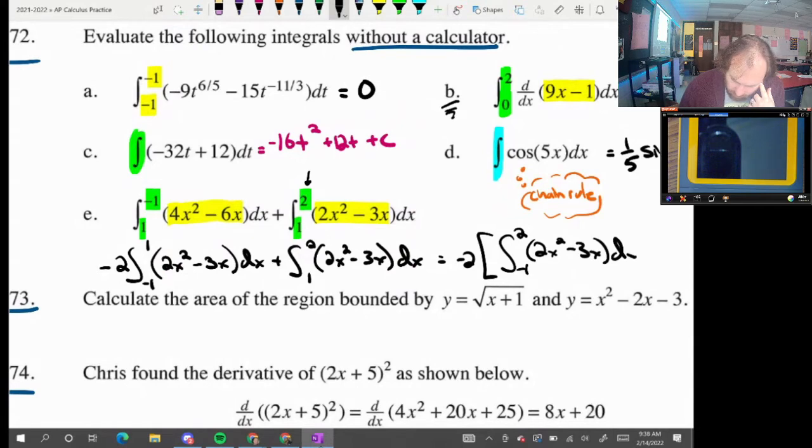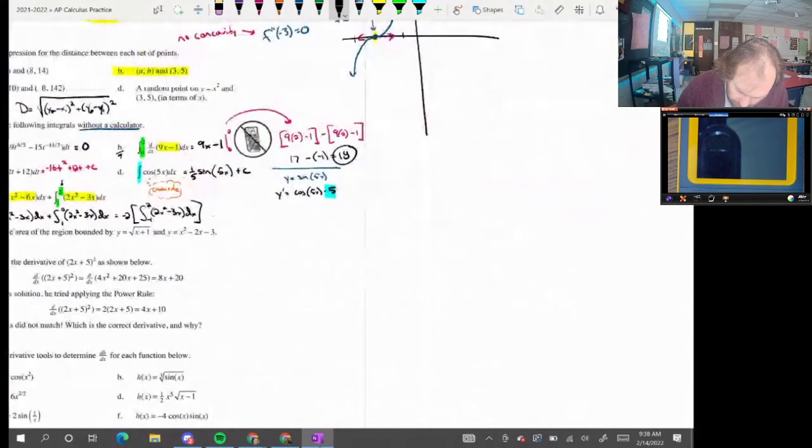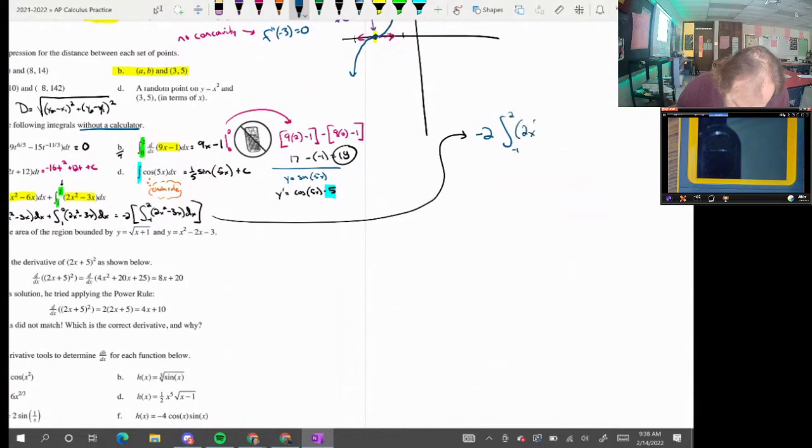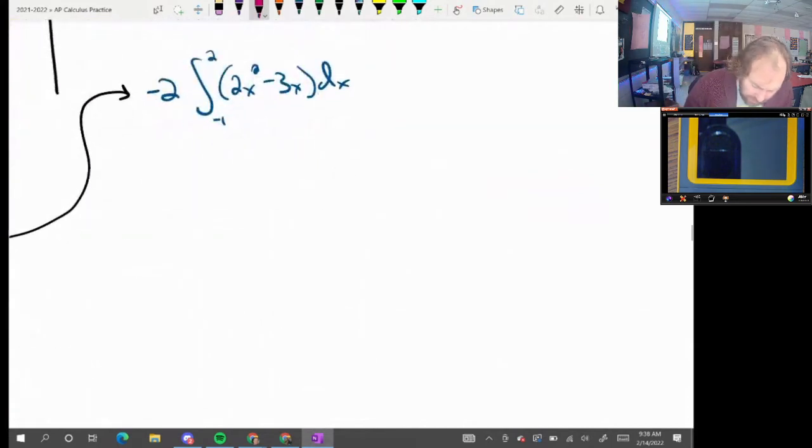And this is the one that we're going to bring off to the side because we got a lot of work to do to solve this one. So I'm going to bring that one all the way over here on my work: -2 times the integral from -1 to 2 of 2x squared minus 3x dx. Okay, let's go to work. We're going to ignore that -2 until the very end.